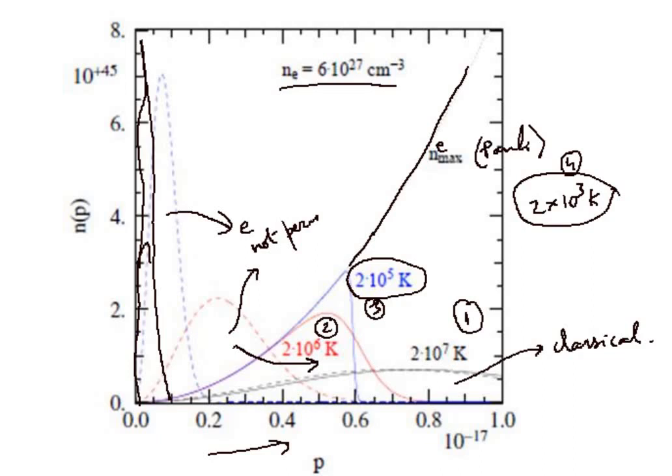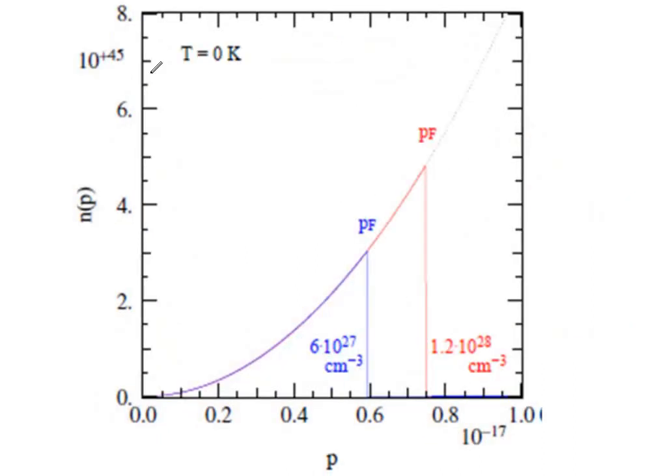Okay, now let me show you a different graph over here. This time, as I was saying, I am showing you the T is equal to 0 Kelvin scenario, right? I am showing you the two distributions for two different densities. One is 6 into 10 to the power 7 and another is twice that value. Now what do you see?